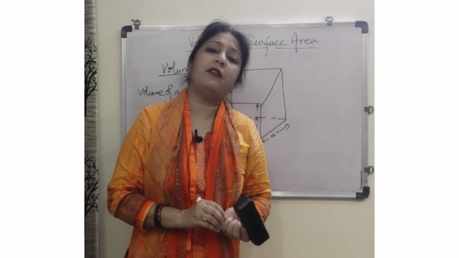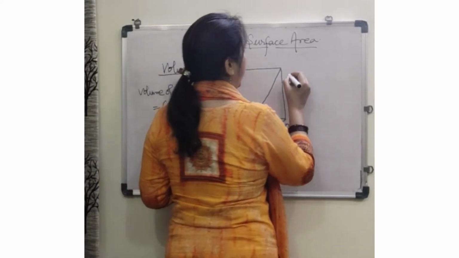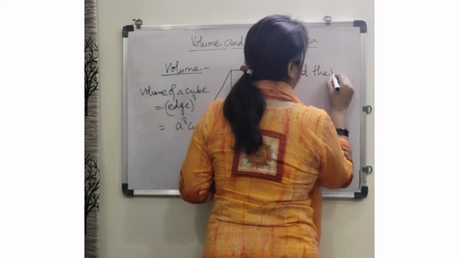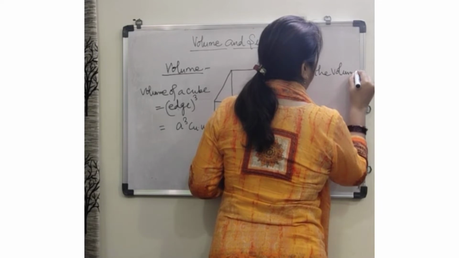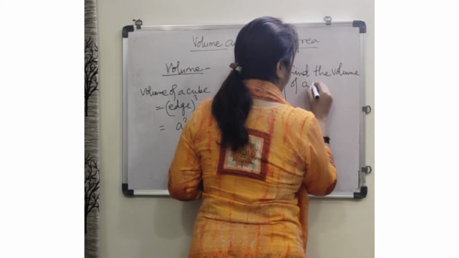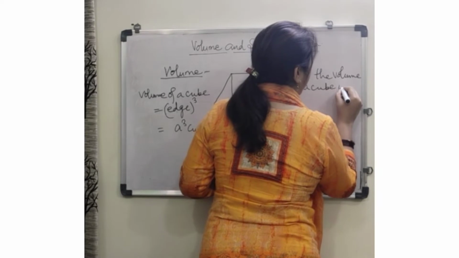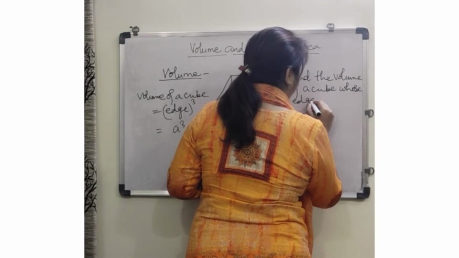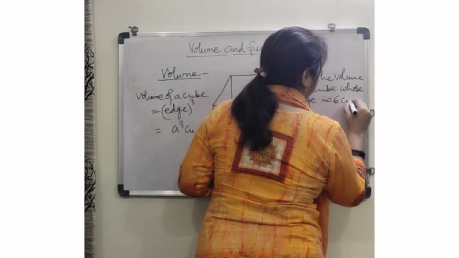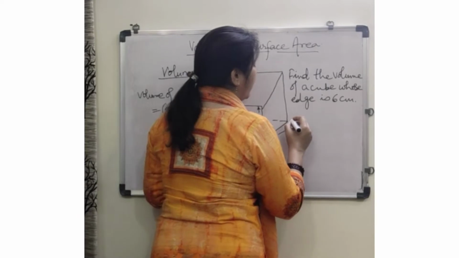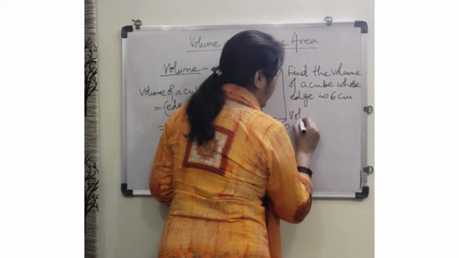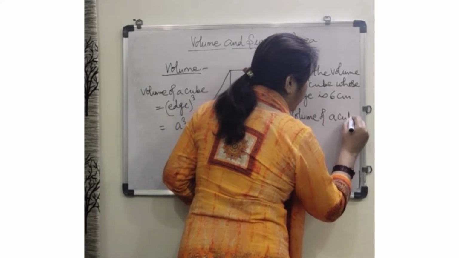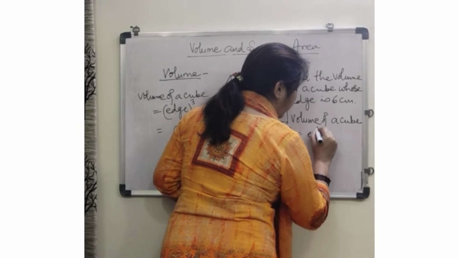If edge is given to you, say find the volume of a cube whose edge is 6 centimeter. So children, what will you do? First of all, you will write the formula. Volume of a cube is equal to edge cube.